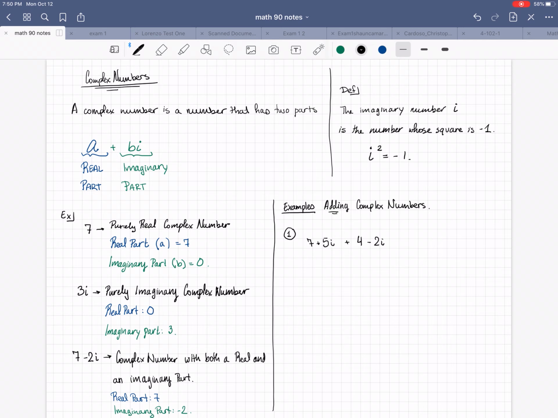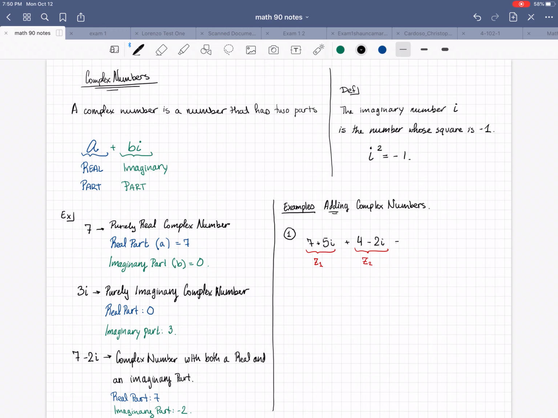Now, complex numbers are often denoted with the letter z. This is something I'm going to go into in more detail in a future video. But what you'll sometimes see when you're talking about more than one complex number is you'll see one of them called z sub 1 and the other one called z sub 2. And when you go to add two complex numbers, you'll notice that you're just going to add the real parts and add the imaginary parts.